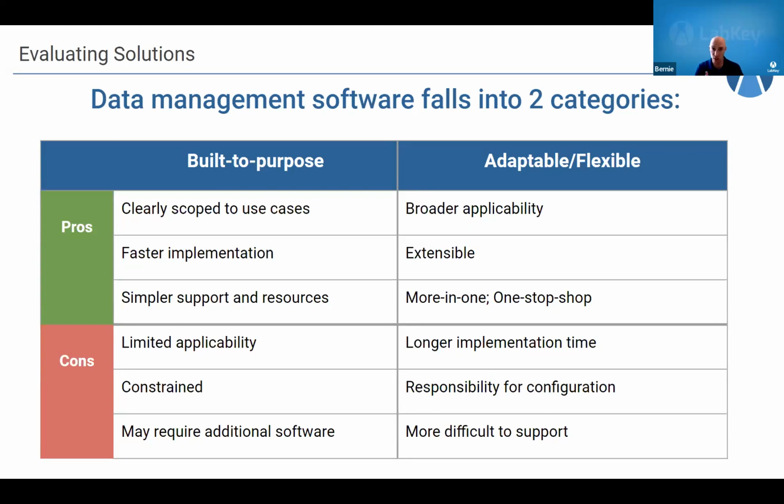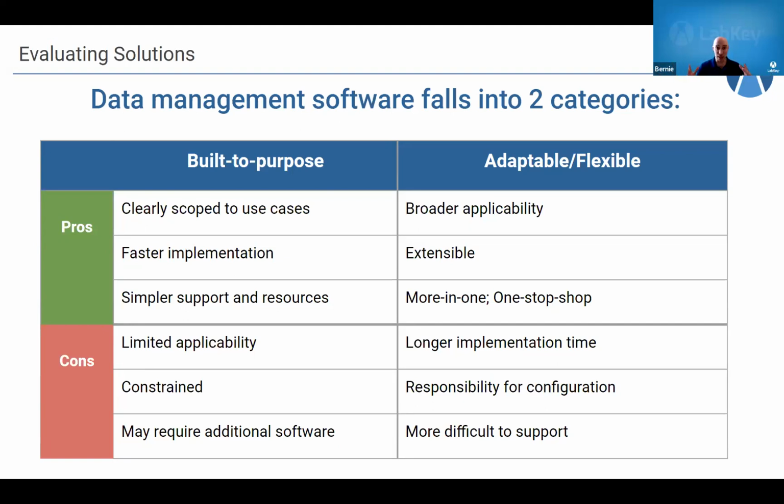However, there are downsides as well. Conversely to it being clearly scoped for a particular use case and easy to use, it does tend to have limited applicability. So if you have high variation in that use case or a lot of other use cases, the built to purpose piece of software might not cover those other use cases.